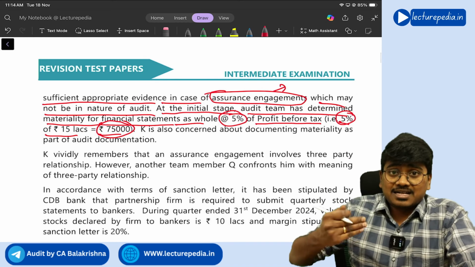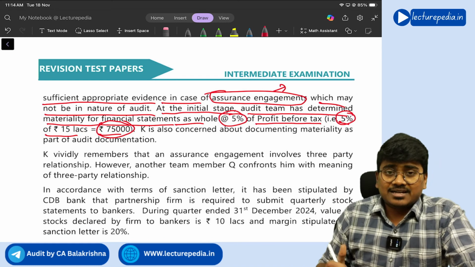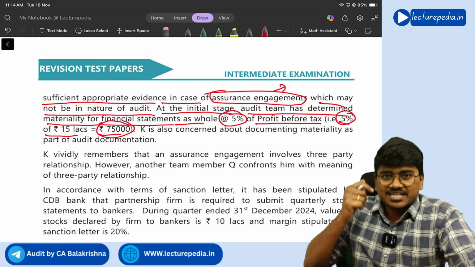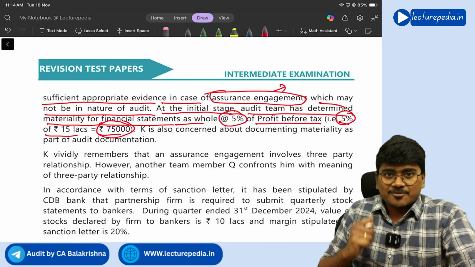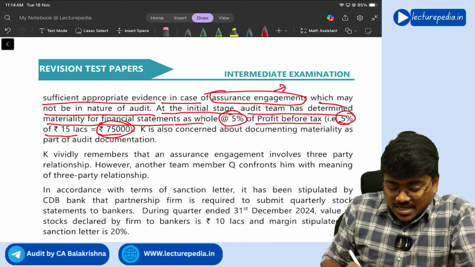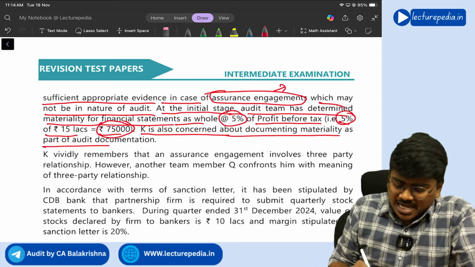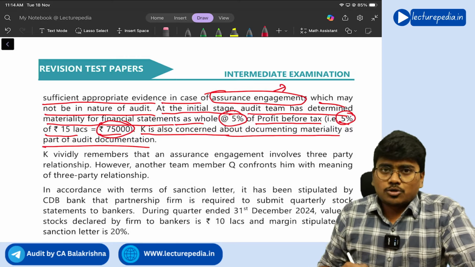So in our regular class I explained you the things in detail, how to calculate materiality, what is the link between performance materiality and materiality, all these things, if you remember. Next, K is also concerned about documenting materiality as part of audit documentation.